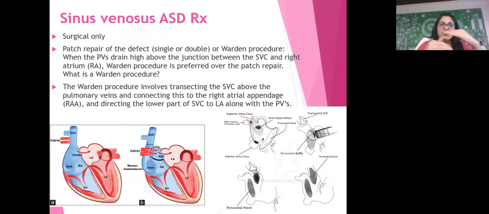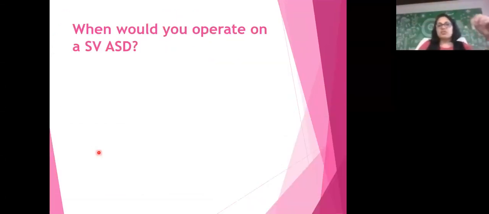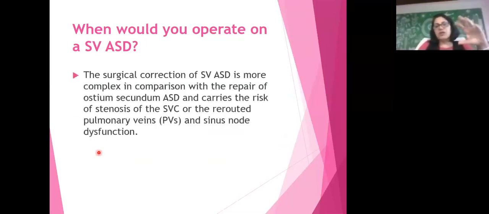And this is why for sinus venosus ASD, we have postponed operation to 4 or 5 years because of this issue. Because if you're going to be going through the SVC, you can cause SVC obstruction. There's also the sinus node very close, so you can have sinus node dysfunction. So we check them every year.